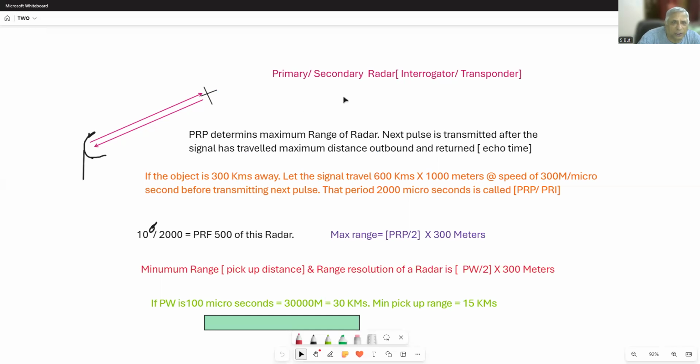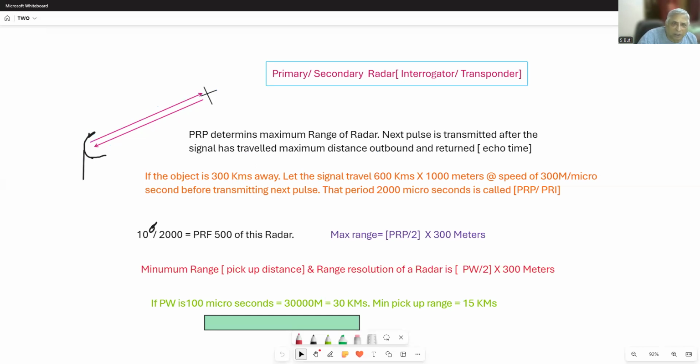Next is a secondary radar, in which the pulse is transmitted on a particular frequency. The aircraft receives this pulse and sends back a reply on a different frequency. There are advantages and disadvantages of both primary and secondary radar.